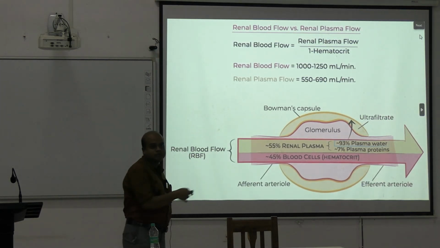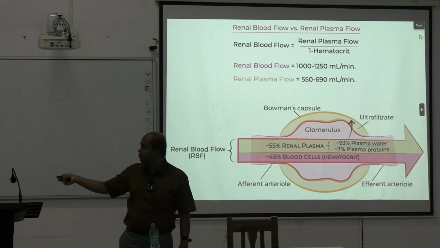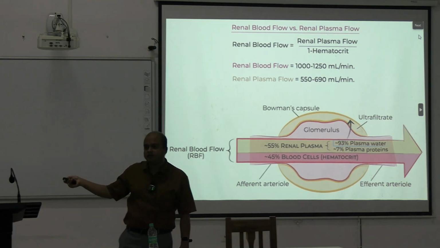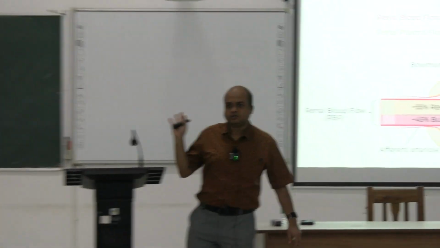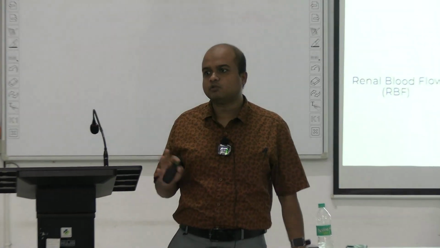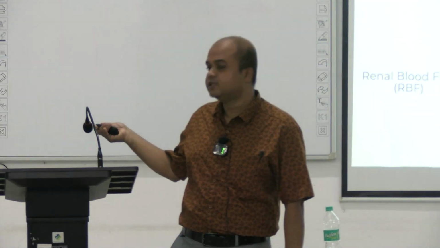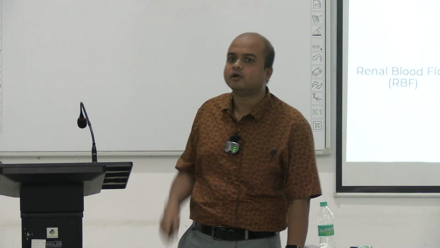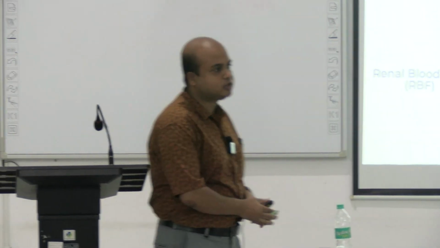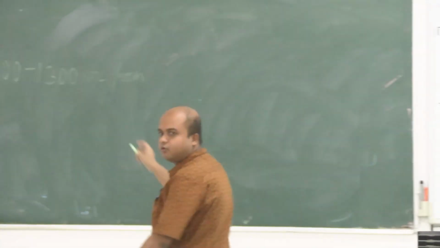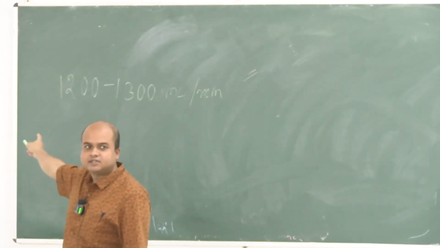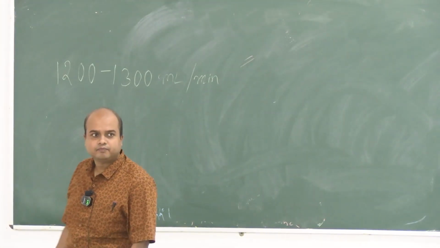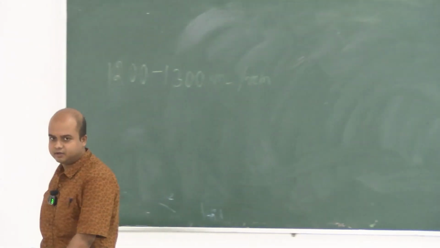Now they write 1000 to 1250, that is more or less everything. Some authors vary like this, but it is almost like that. In more standard textbooks, the figure is 1200 to 1300. Now, what will be the plasma flow? What percentage of blood is plasma? 55%.